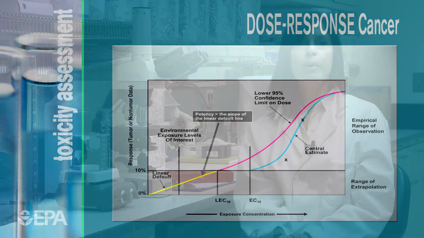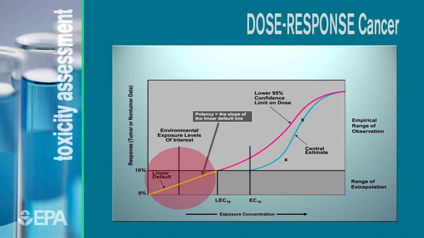So, how do we extrapolate from what we know to what we need to know? And how do we do it in a way that is public health protective? One of the most common ways to make this extrapolation is by drawing the best line through the available data.